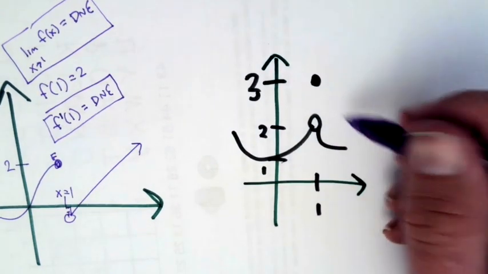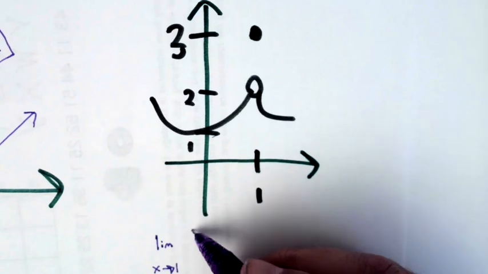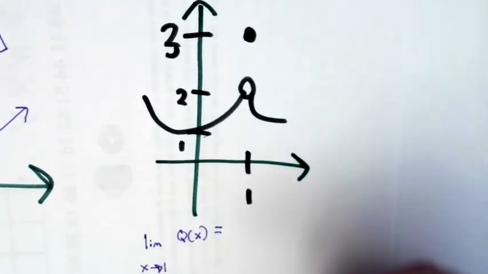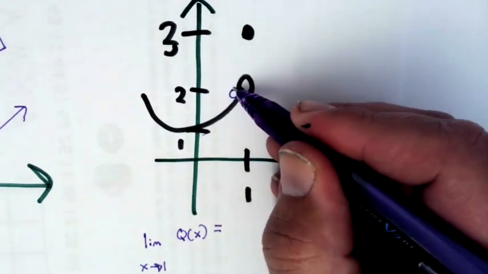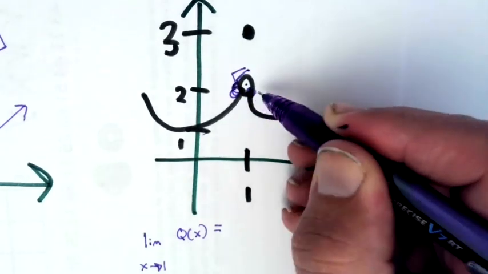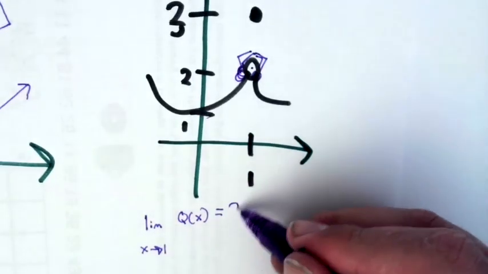But let's look at the three things we've looked at. First of all, does the limit as x approaches 1 of, let's call this q of x, exist? It does. If I look at the ants, I drew this too big, but the ants' antennas can reach each other, right? So the limit as x approaches 1 of q of x would be equal to 2.